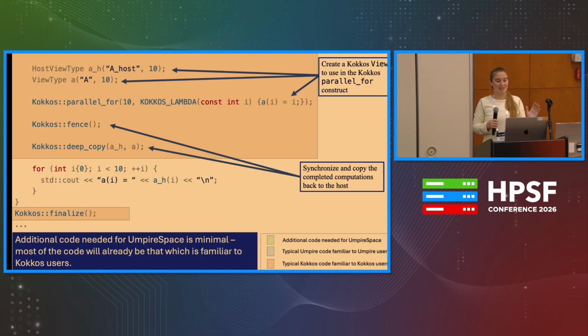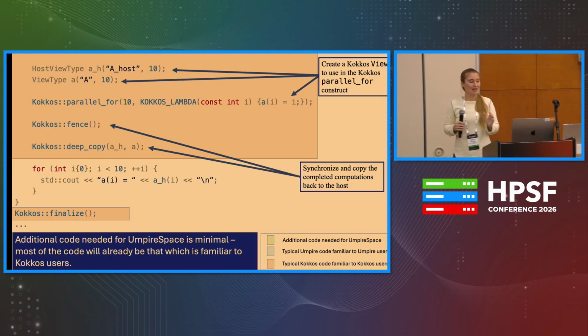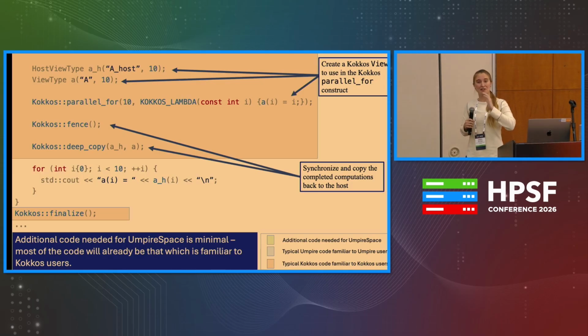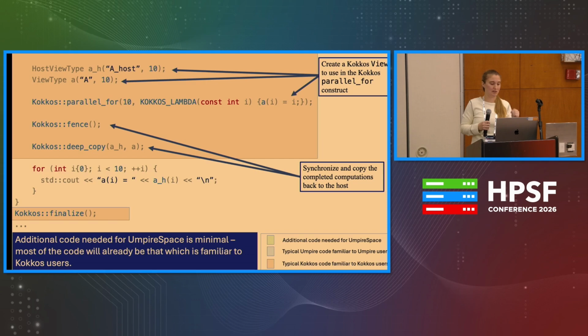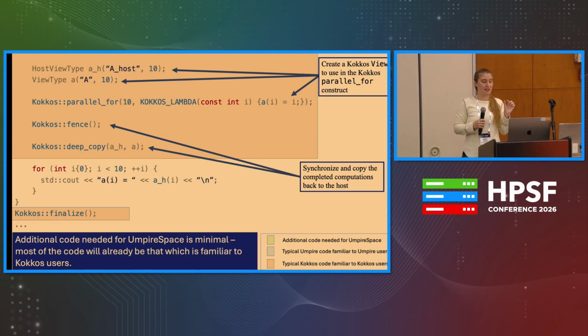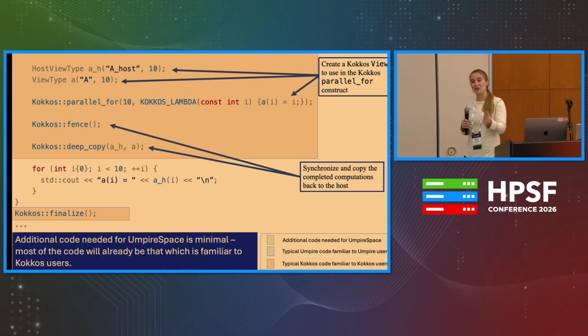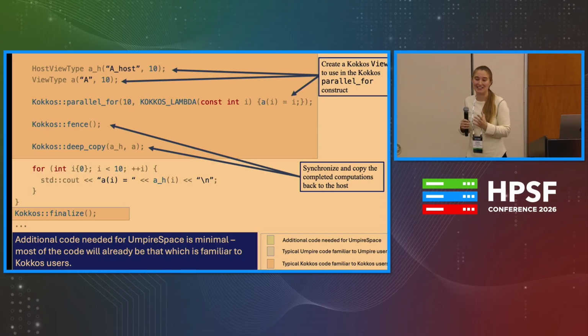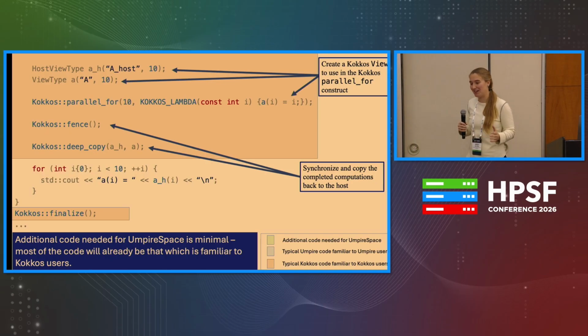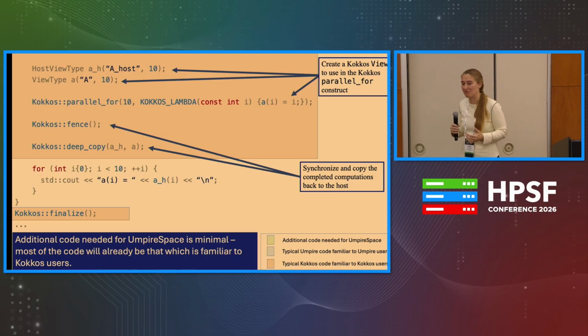Okay, so this is very simple, but it's a proof of concept that these things work together. It's a hello world, just warming us up to doing this stuff. But it's important to note that the additional code needed for UmpireSpace is somewhat minimal, and it'll get more minimal as we make this improved UmpireSpace.